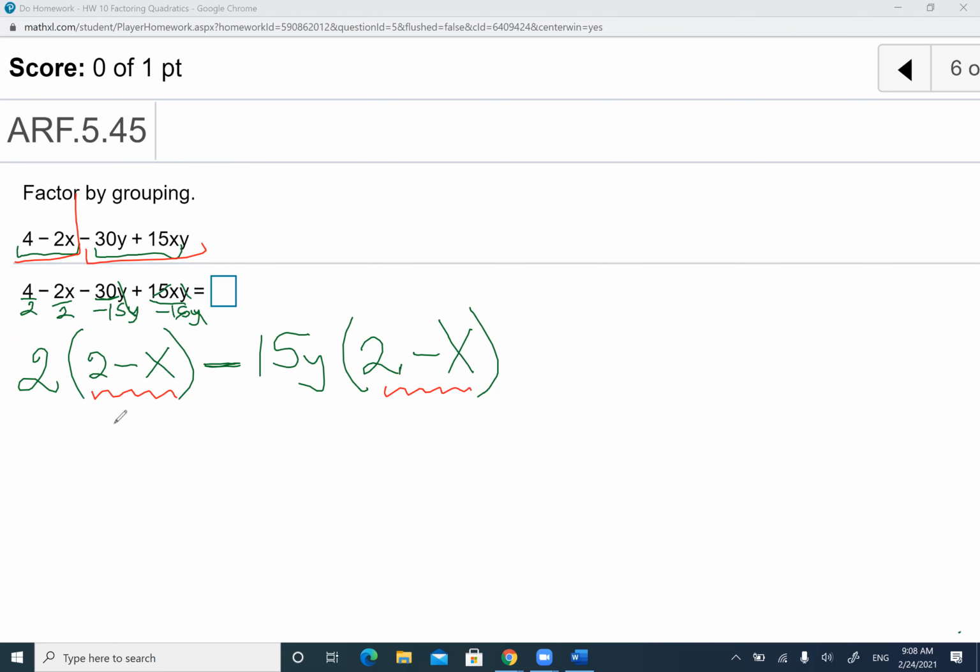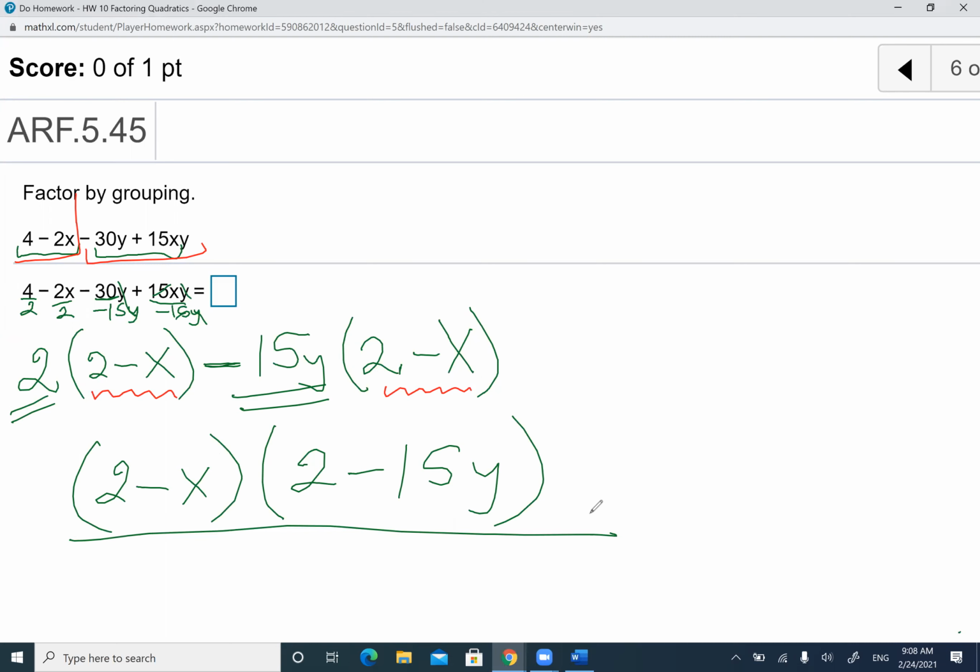That's what you're going to factor out, 2 minus x in front, and then what is left? 2 minus 15y, right? And that's your answer. That's how you factor this by grouping. I'm going to put the answer here. So parentheses 2 minus x, and another parenthesis 2 minus 15y. Close the parentheses, okay? So that's how you do this.